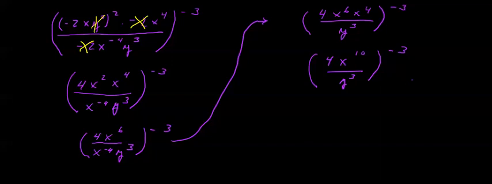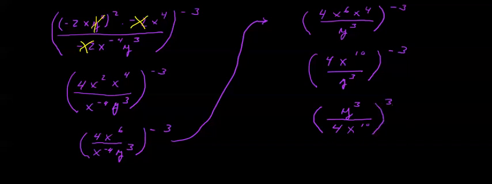Now, another thing that we can do, because this is a negative exponent, I can move the numerator and the denominator. 4 x to the 10th, all raised to the third power.